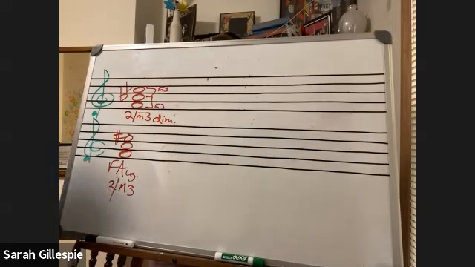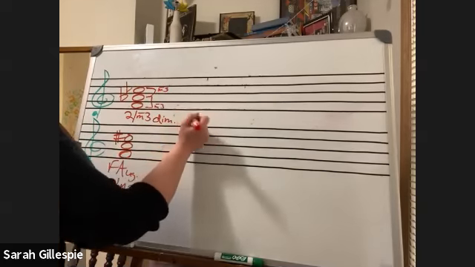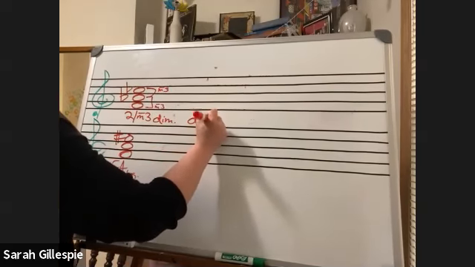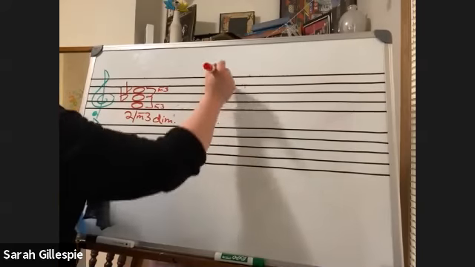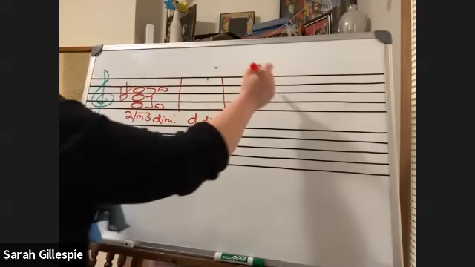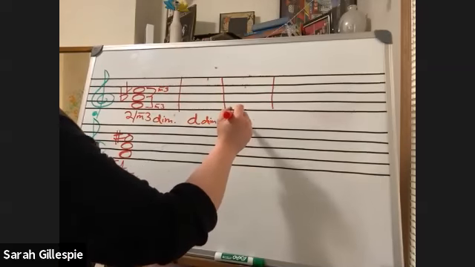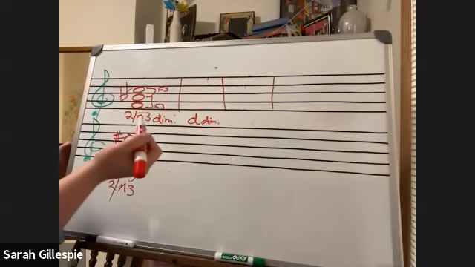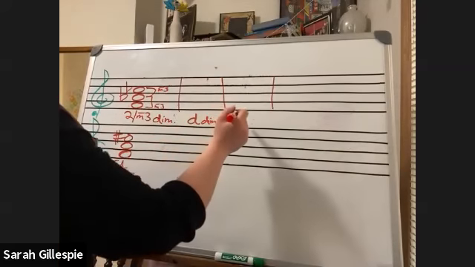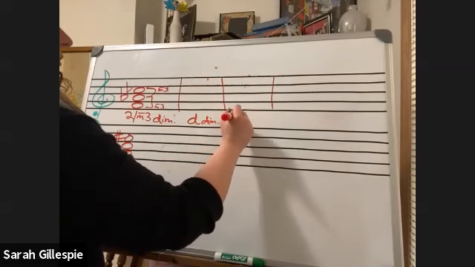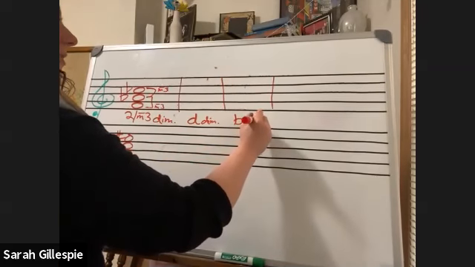So let's create a couple of these on our own here. Let's do a D diminished, and then let's do like three of these quickly. Speed round. We already did an F diminished. I'm trying to think of good chords. Let's do a B diminished.